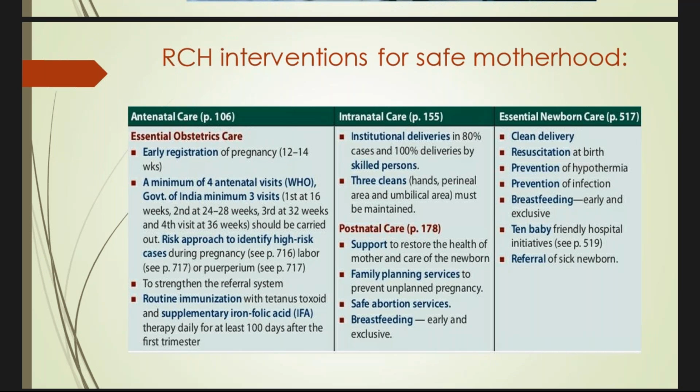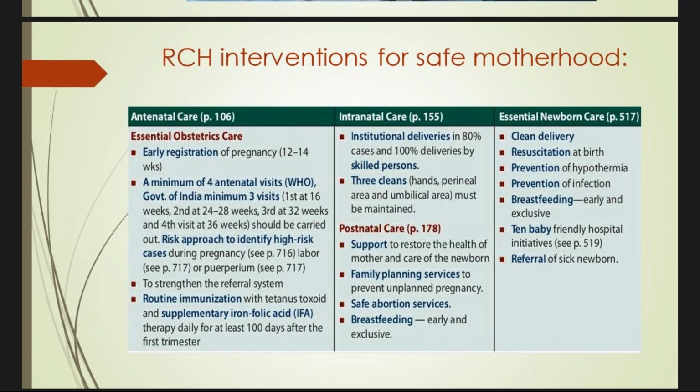Any complication or high risk you suspect, you have to strengthen the referral system, with proper ambulance service, to refer the high risk case. Routine immunization with TT, tetanus toxoid, and supplementary iron folic acid therapy daily for at least 100 days after the first trimester, along with calcium supplementation also. This is all about antenatal care.